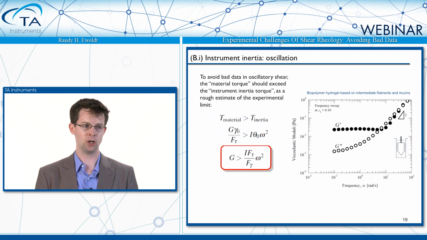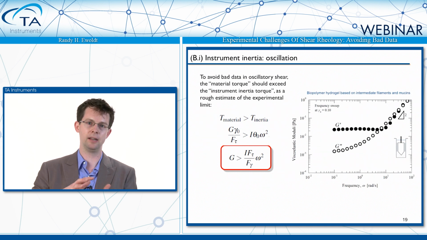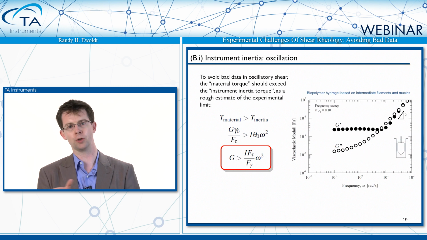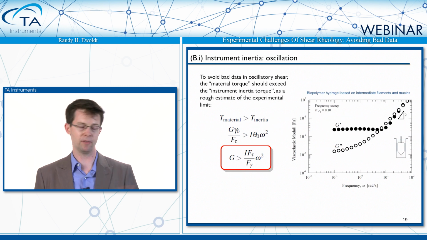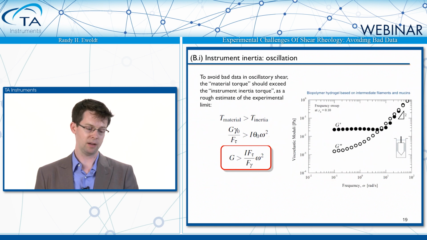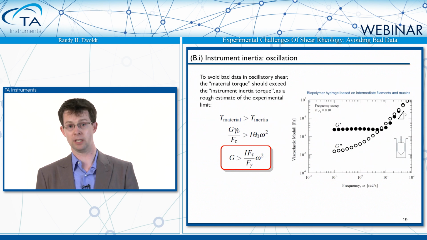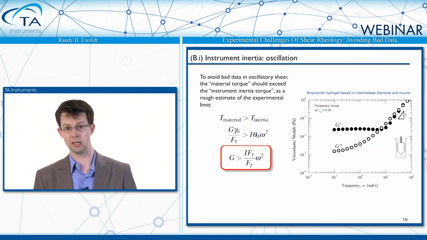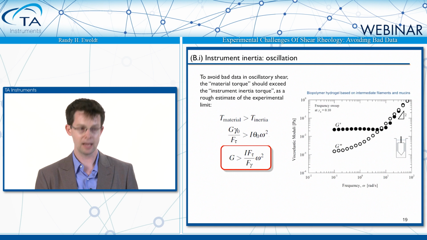If I rearrange the equation, I get a criterion on G: if my modulus is larger than some other criterion, I'm okay, and my material is resisting more than the inertial torque of the instrument. But if that modulus is too low, be it the viscous or the elastic modulus, the material is not resisting that much, and the inertial torque is dominating, and you'd want to be suspicious, or look a little bit more closely at the data.